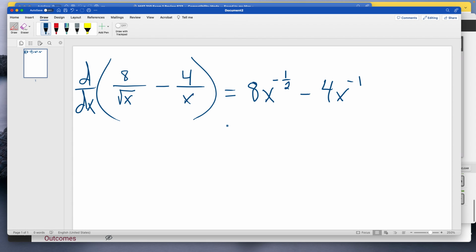Okay. Now we're set to start taking this derivative, and so I'm going to change colors on here. Remember, the first part of taking the derivative is whatever this exponent is, it comes and multiplies by whatever that coefficient is. So we're going to get negative 1/2 times 8.